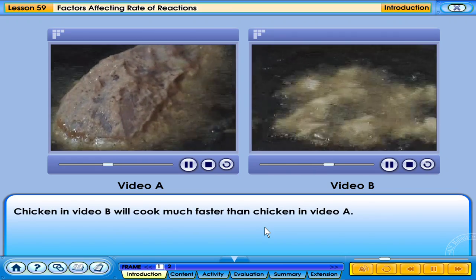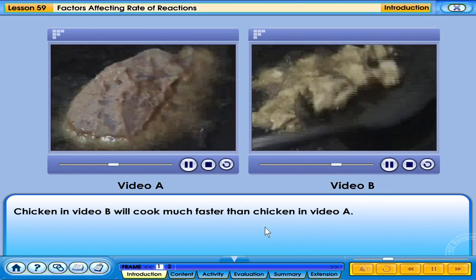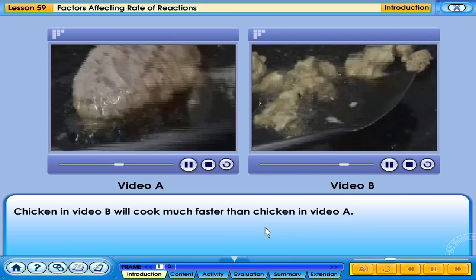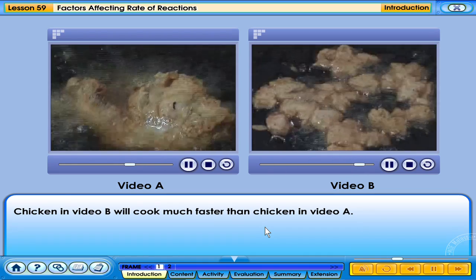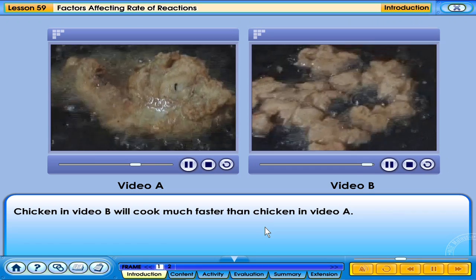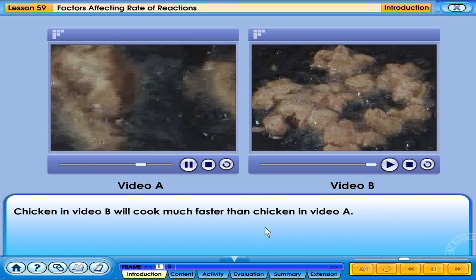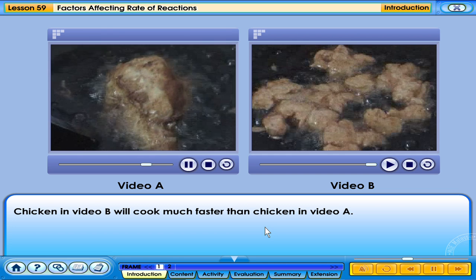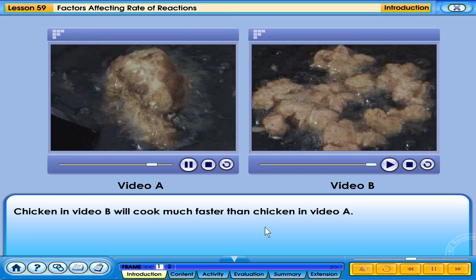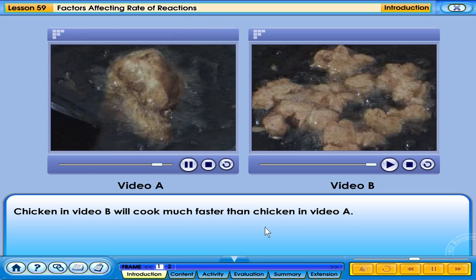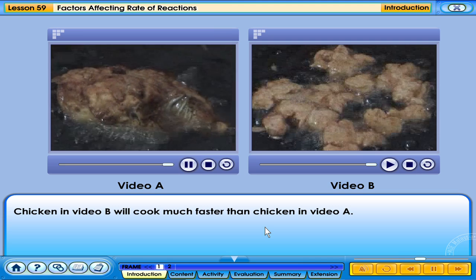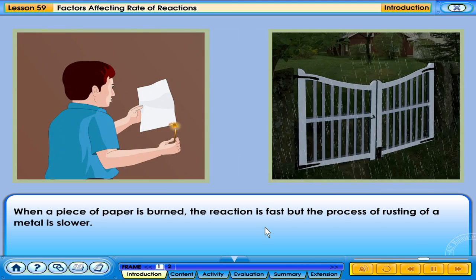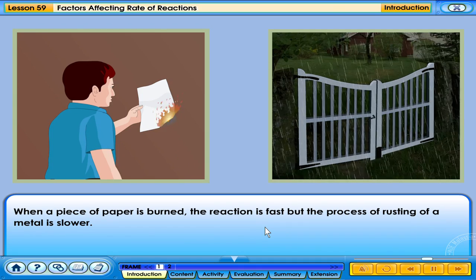Chicken in video B will cook much faster than chicken in video A. When a piece of paper is burned, the reaction is fast, but the process of rusting of a metal is slower.